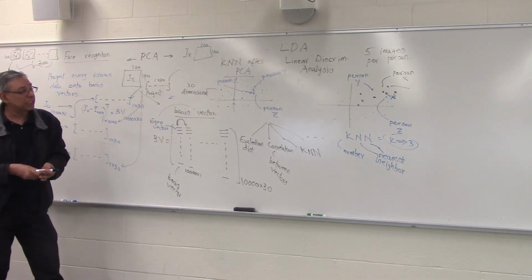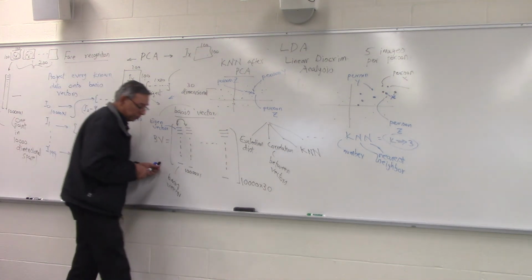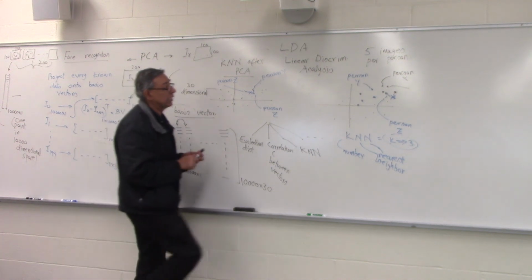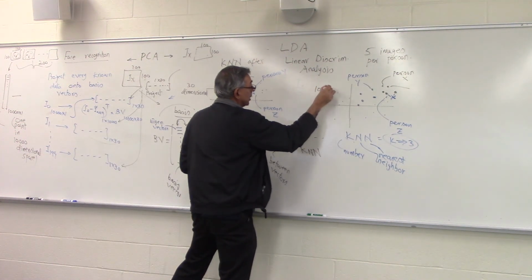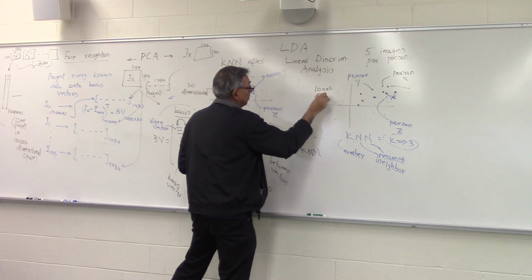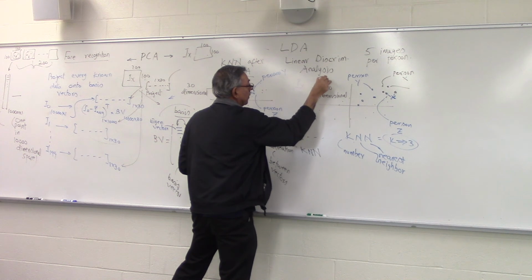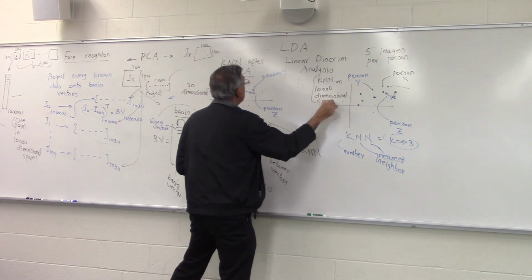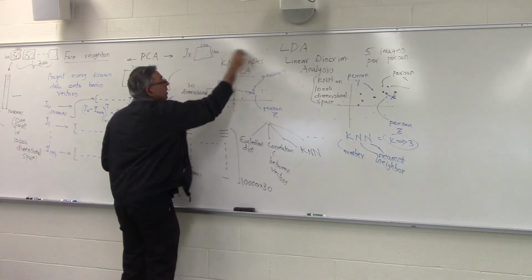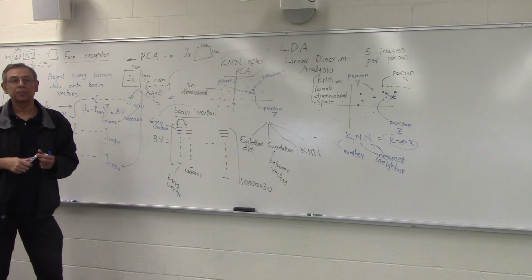So now my question to you guys is, which one will work better and why? Which one will give us more accuracy? Directly applying KNN on the 10,000 dimensional space, or applying KNN on the 30-dimensional space? The 30 dimension.